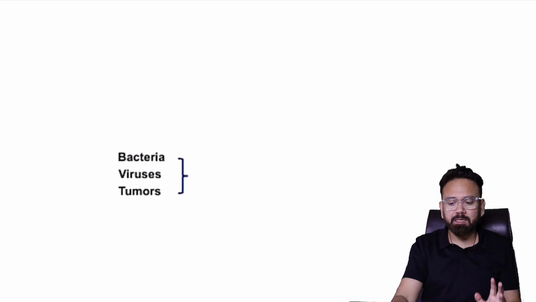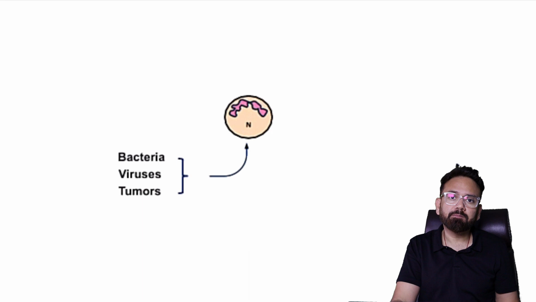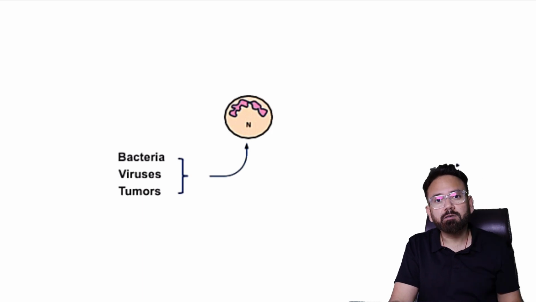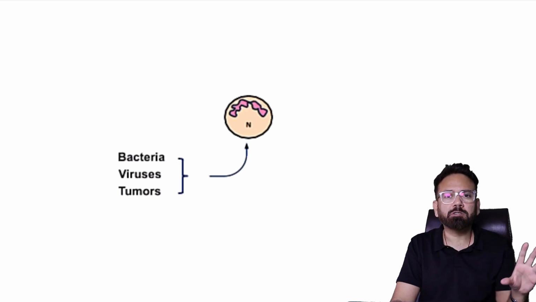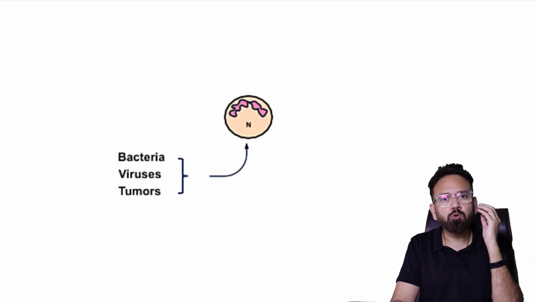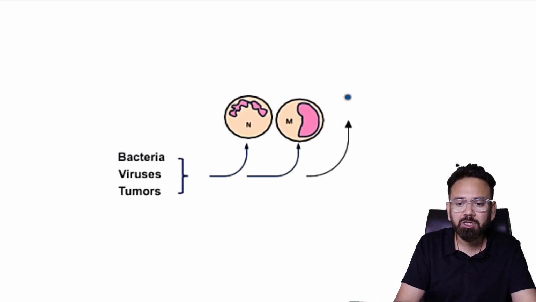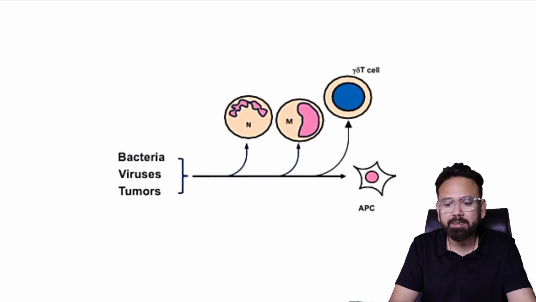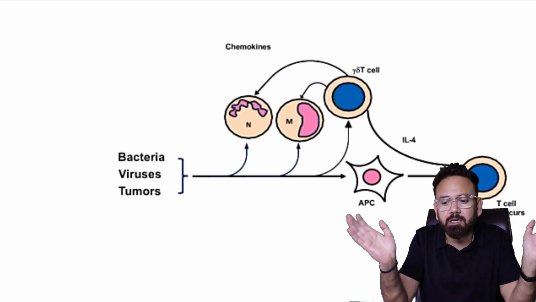Now let me summarize everything. So whenever bacteria, virus or tumor enter your body, neutrophils are activated. They will cause respiratory burst, and they will cause all this superoxide dismutase and all, and they will try to engulf the antigen. And after that comes the main hero, the macrophage, and they can act like an antigen presenting cell. And antigen presenting cells can go in two different directions.